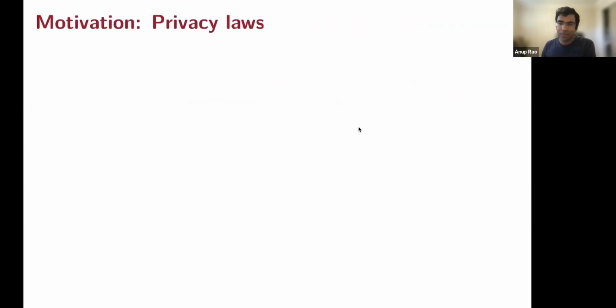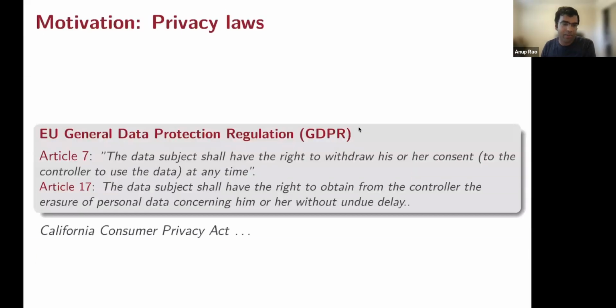Let me begin with the motivation. The motivation is the recent privacy laws, which many people expect to get more stringent as we go on. So here are two articles from the EU General Data Protection Regulation, GDPR, that came into act, I think, in 2019.